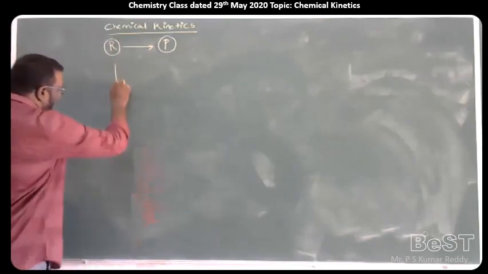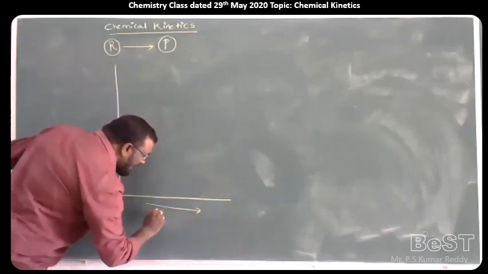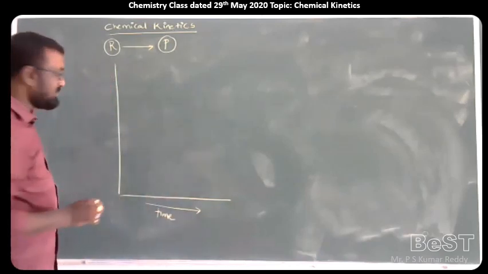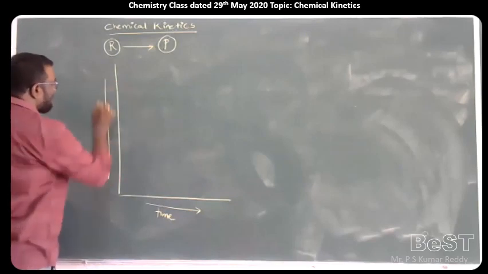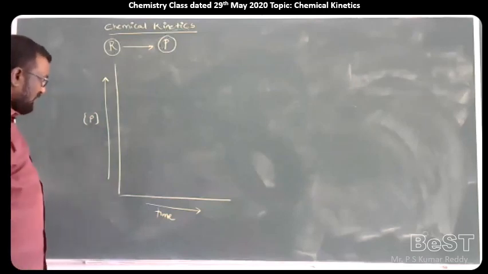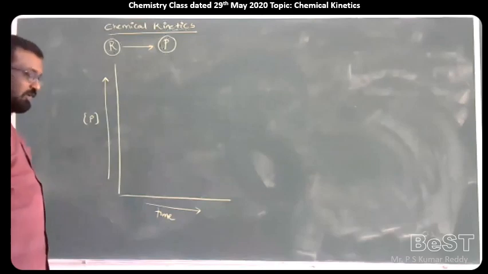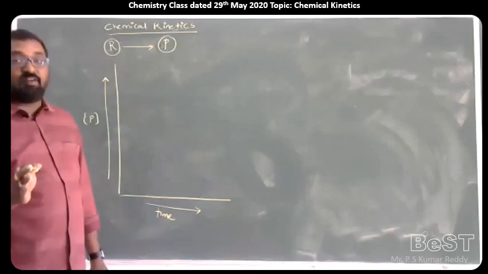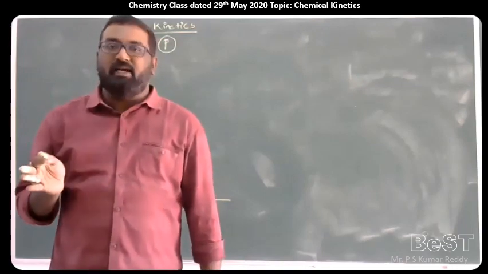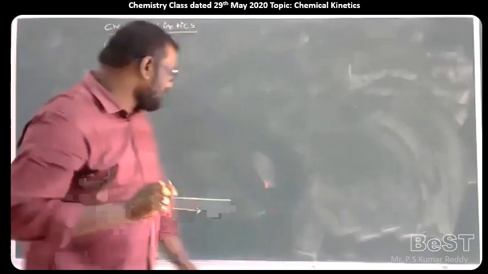So when I am plotting a graph, I am taking time on the x-axis and increase of concentration of the products on the y-axis. As you know, the concentration of the products goes on increasing as the reaction is proceeding.